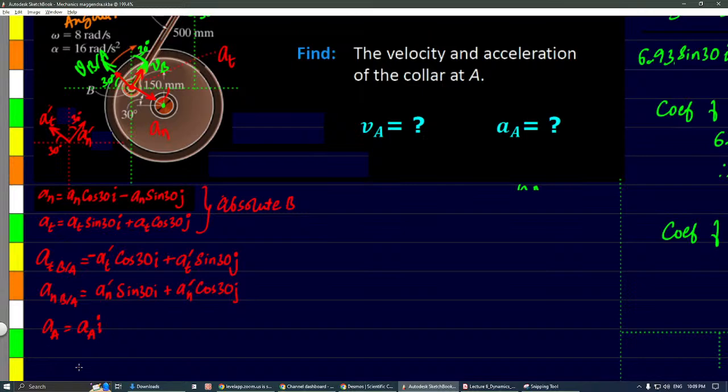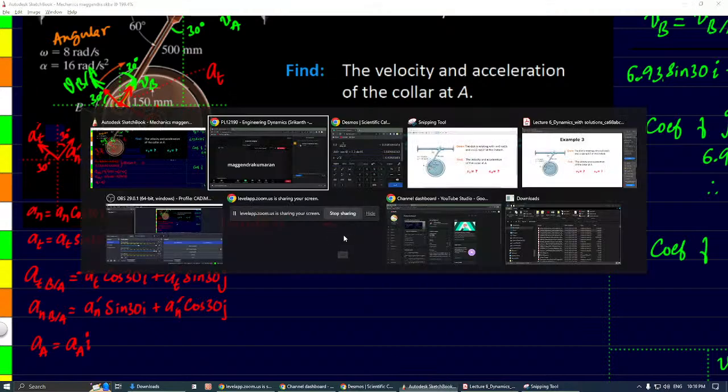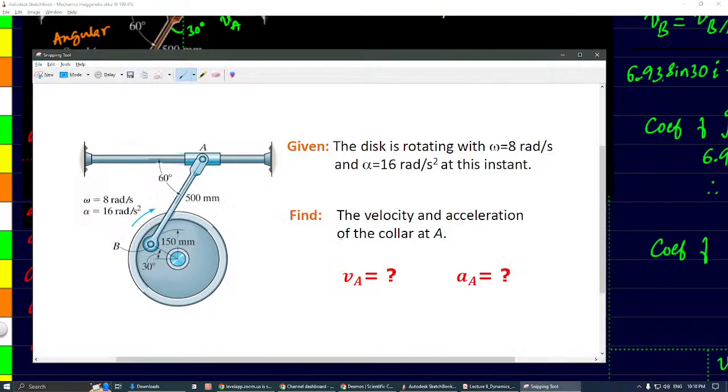Is there anything else? We also need to define alpha. Is it clockwise or anti-clockwise? Both omega and alpha are in clockwise direction.